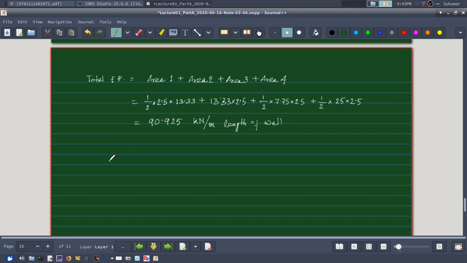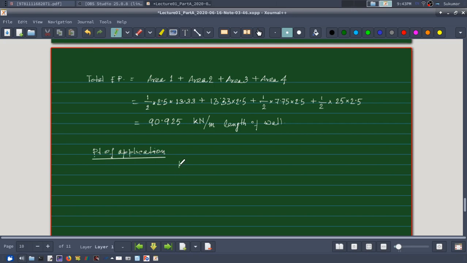Okay, and what is the point of application? Point of application, I can take the static moment of this area about the base. Point of application will be what?